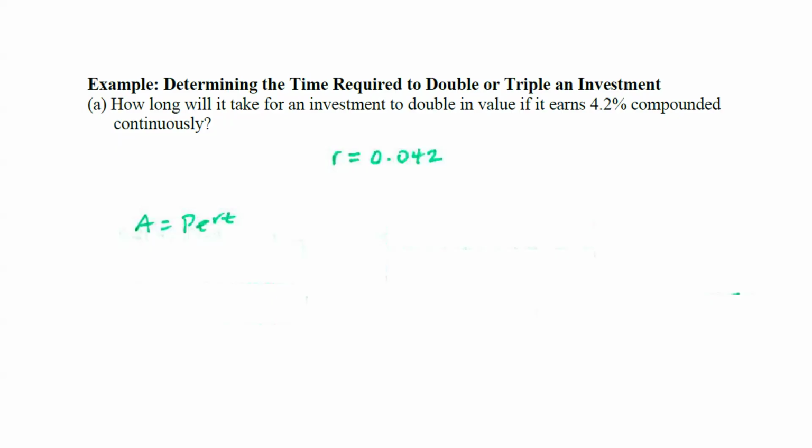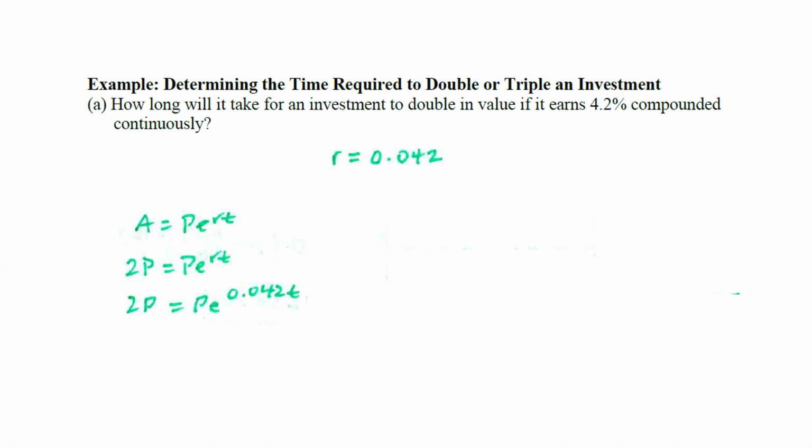Since we're compounding continuously, we'll use the formula A equals P times e to the rt. Since we want to double our investment, which is our principal, we have 2P equals P times e to the rt. We can then enter in our r.